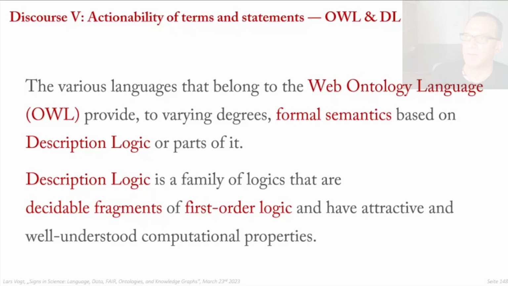Of course, we don't have an infinite amount of time, but if it's not decidable, then even an infinite amount of time wouldn't be sufficient. So in other terms, if you use OWL, the chance that a reasoner will come to a conclusion is rather high. If you use a different first-order logic framework, the chance is much, much lower.